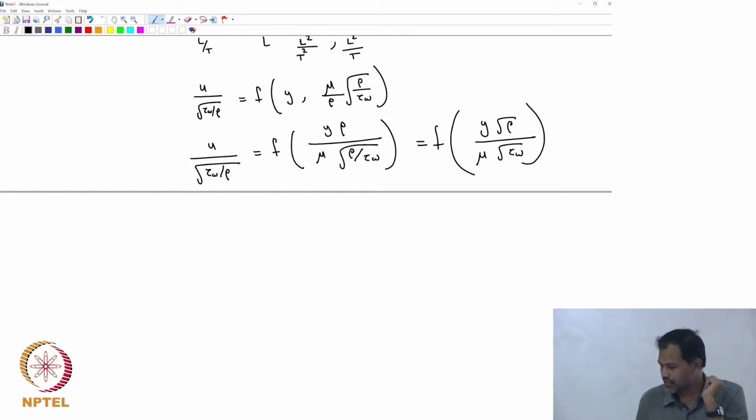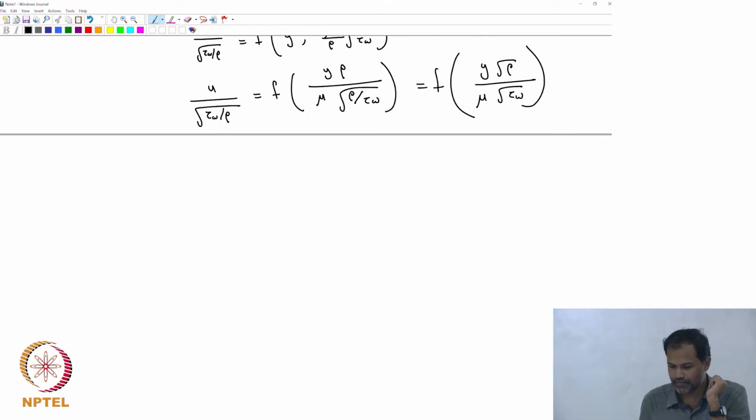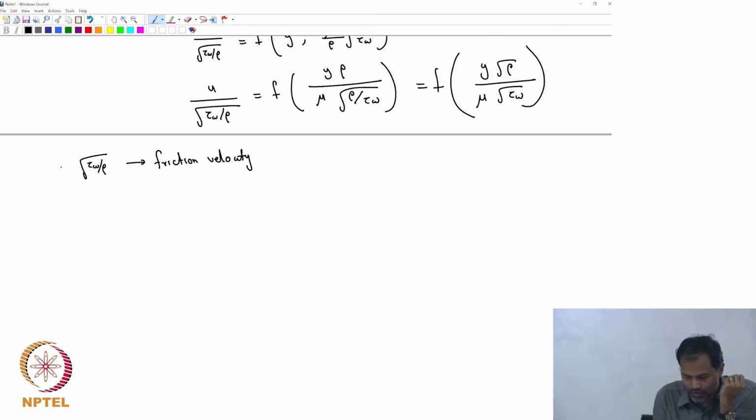Few more terms or definitions. Root of tau w by rho, which is really a measure of shear stress on the wall, is known as friction velocity, and you typically represent it as u star.